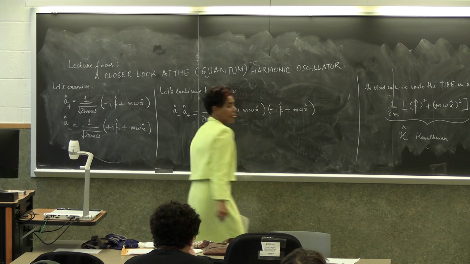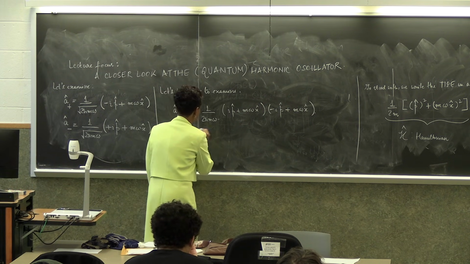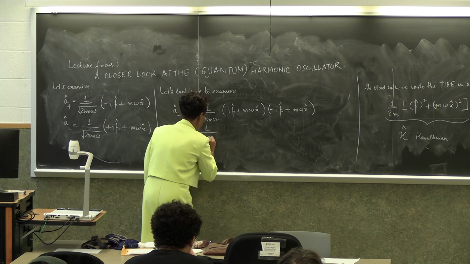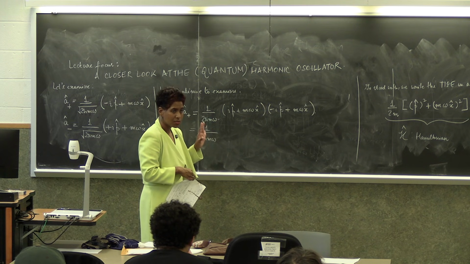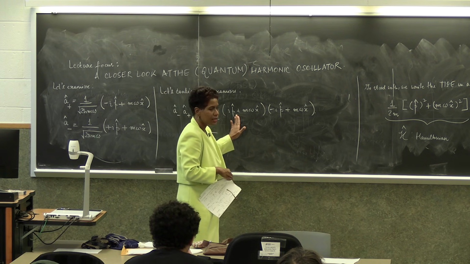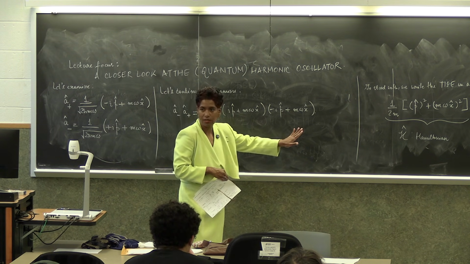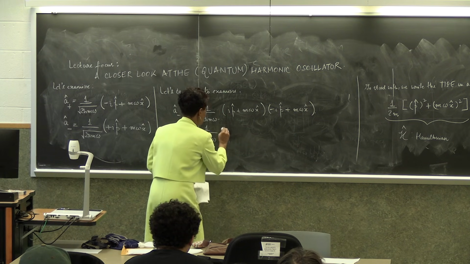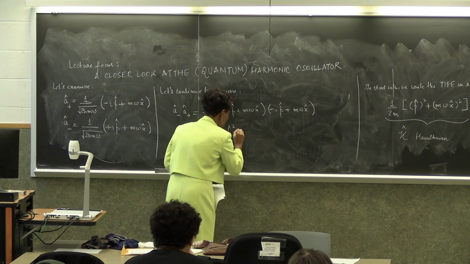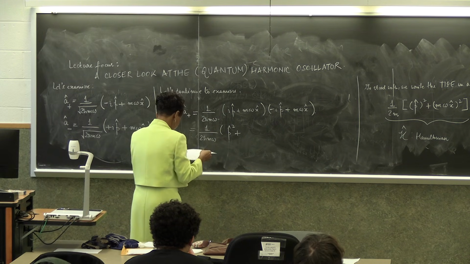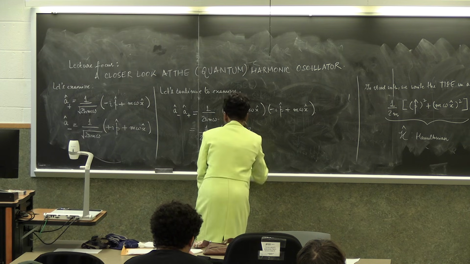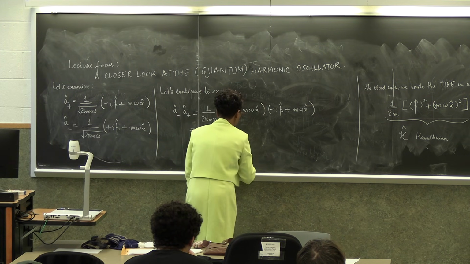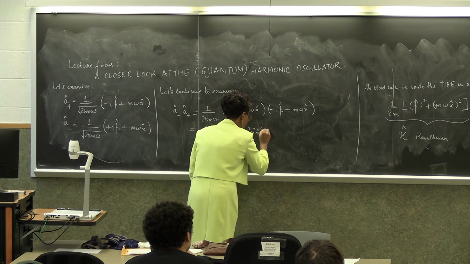It is straightforward to do the multiplication, provided you remember these are operators and need to be handled with care. What stays on the left stays on the left, and what stays on the right stays on the right. So this becomes p square plus m square omega square x square.